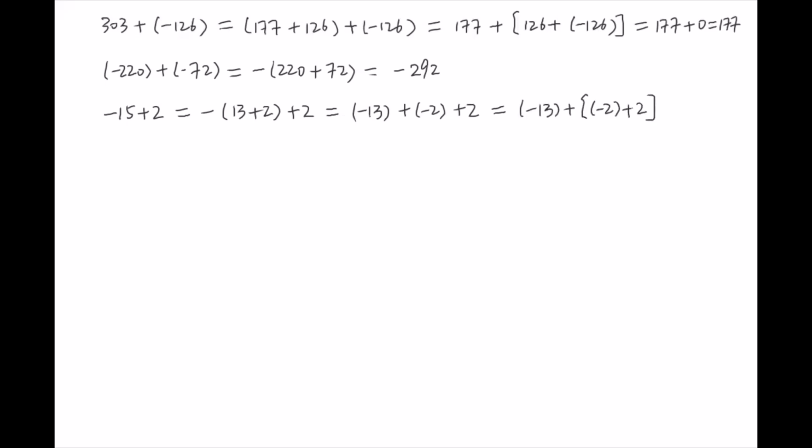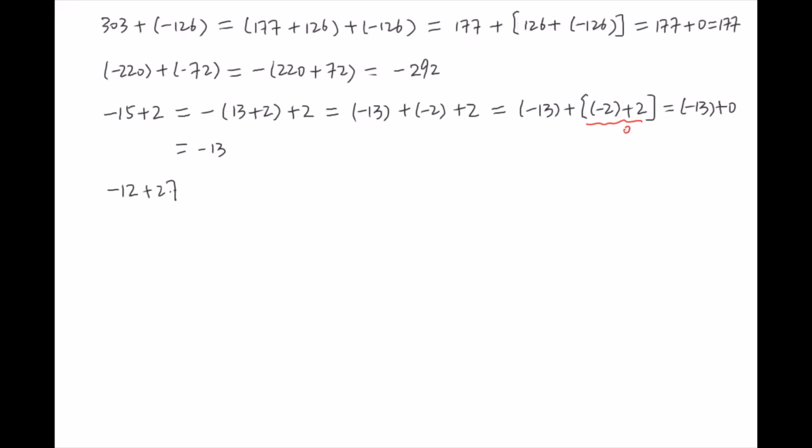So according to the property of opposites, we know that this one is 0. So we can get negative 13 plus 0, because any real number plus 0 equals that number. So it equals negative 13. Next example.